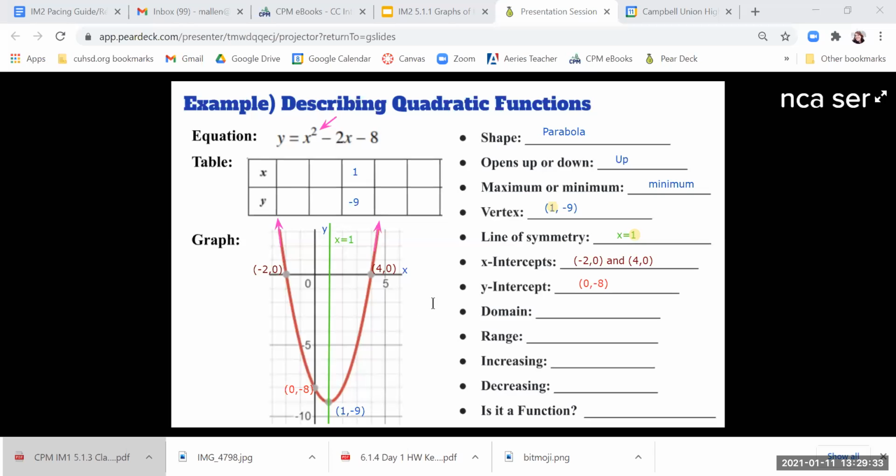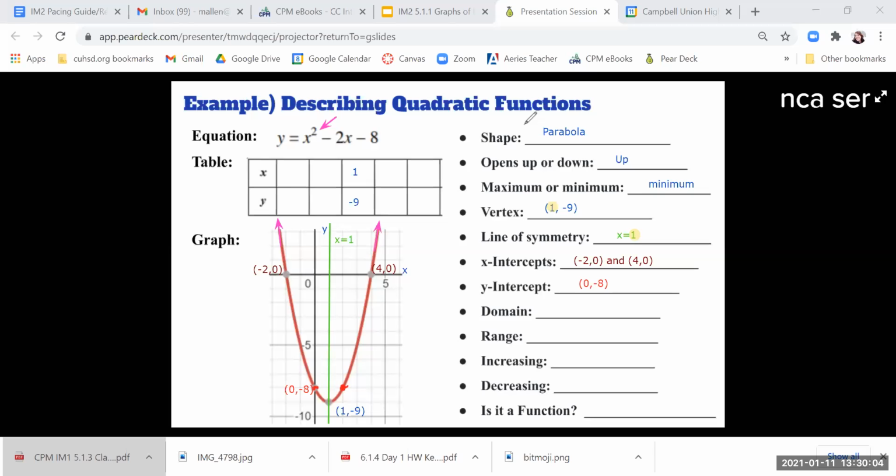And then let's get some symmetry going here. I'm down here at my middle point, (1, -9). I have my y-intercept, and my y-intercept is (0, -8). Because it's symmetrical, even though there's not a point highlighted there, there's another point over here that's 1 unit away from the green line of symmetry on the other side, the symmetrical point with (0, -8).